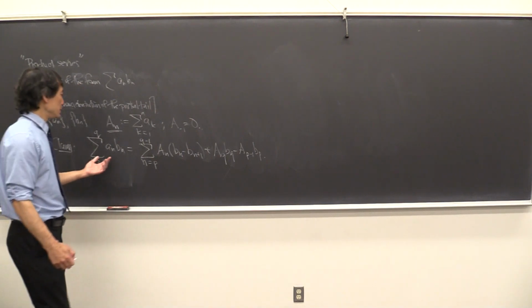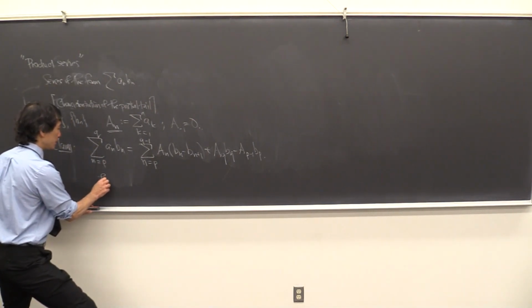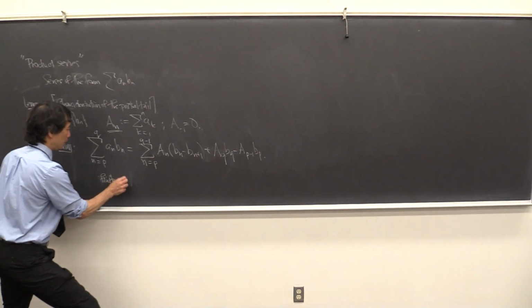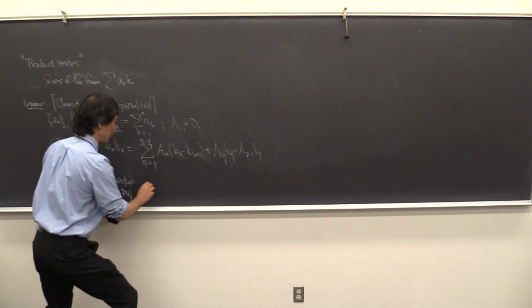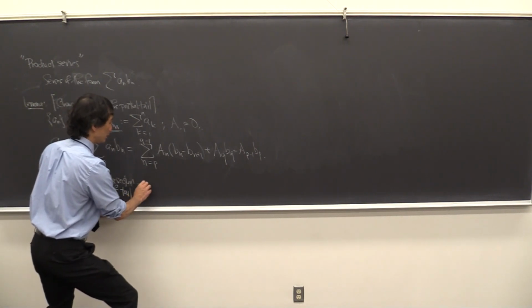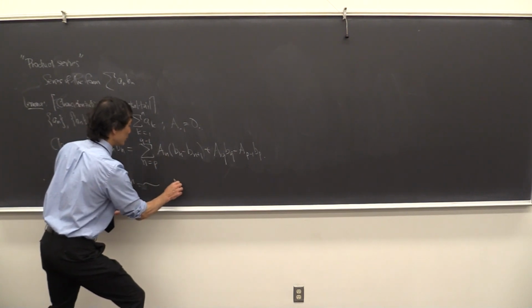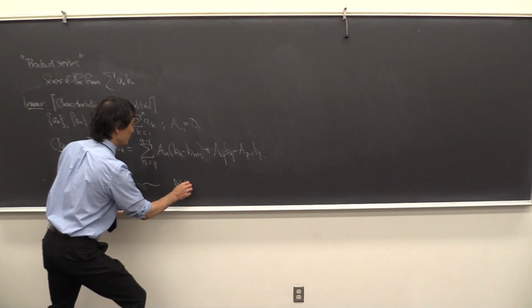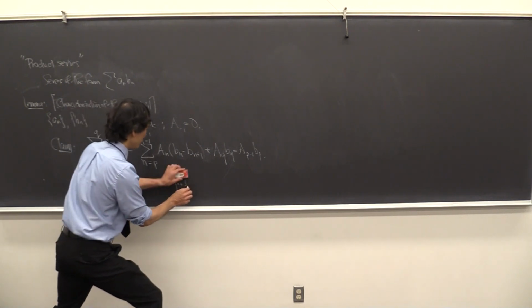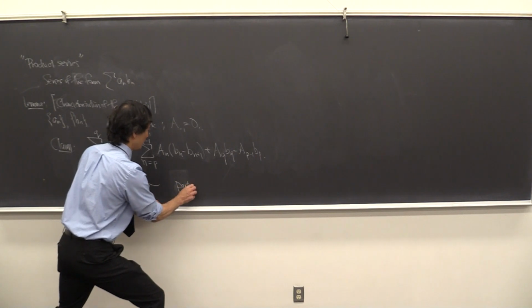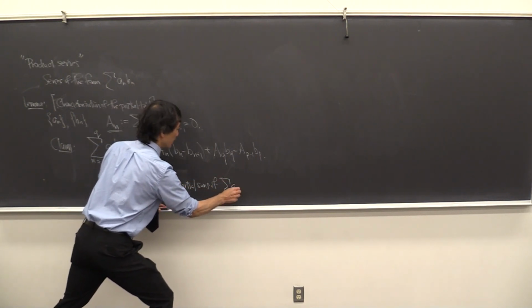So here we've got this finite section of tail, and then we express it in terms of mainly the partial sums of the a sub k.